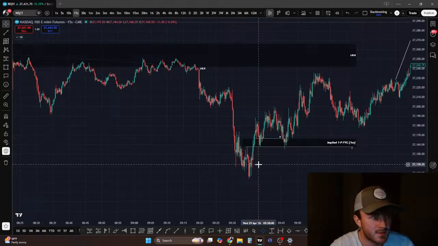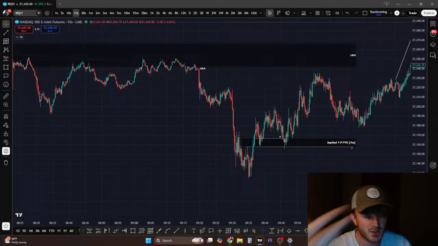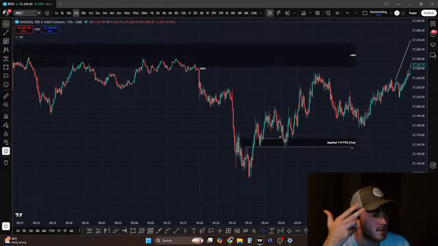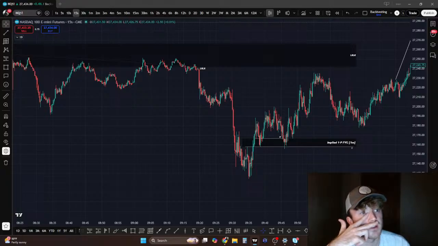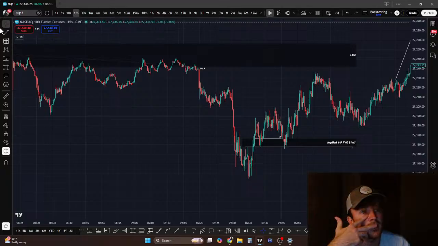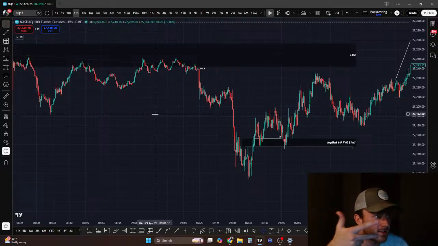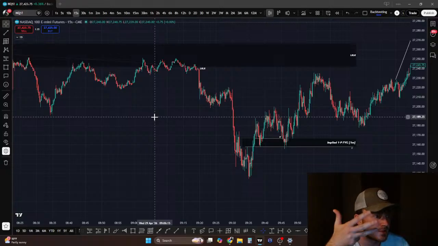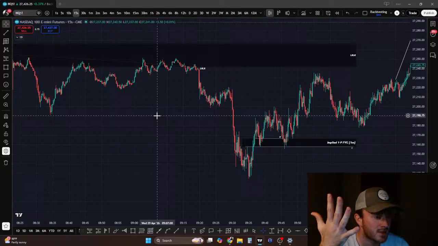There's inversion fair value gap, change of state of delivery, rejection blocks, which I call the Phoenix model, outside bars, and pin bars.